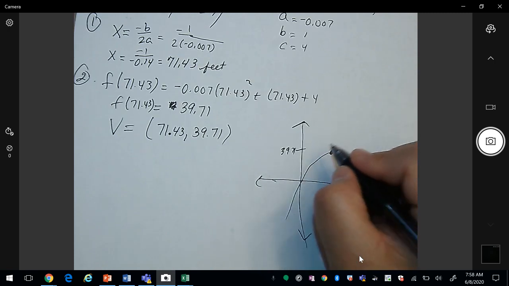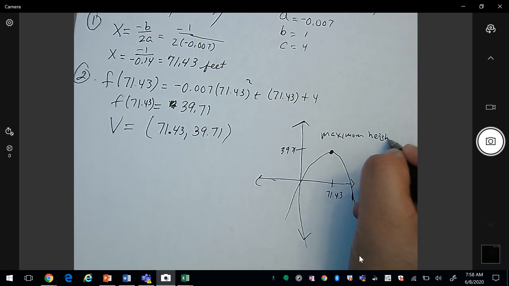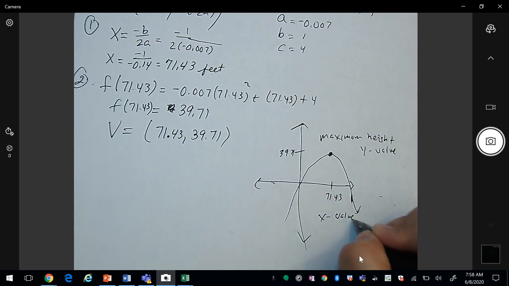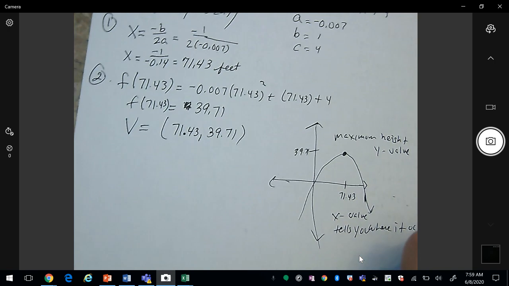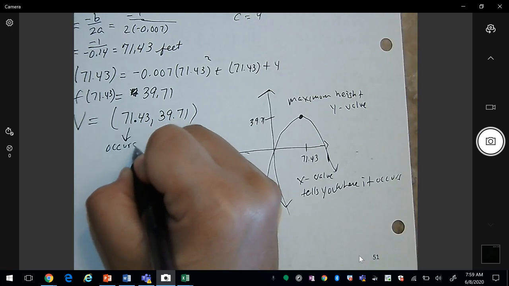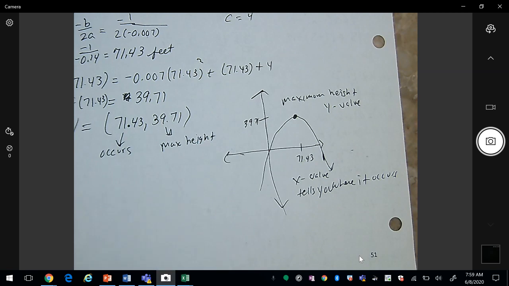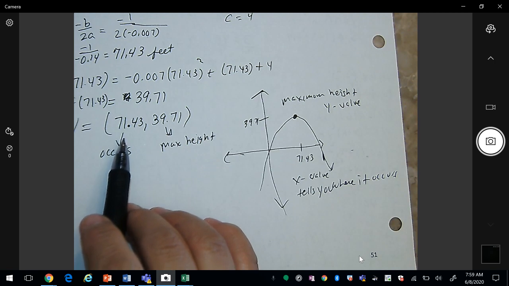Okay, so the maximum height is given by the y value, and the x value tells you where it occurs. So in this case, this here is where it occurs, and this here is your max height. Okay, so we can say the maximum height of the baseball is 39.71, and it occurs 71.43 feet from the home plate.